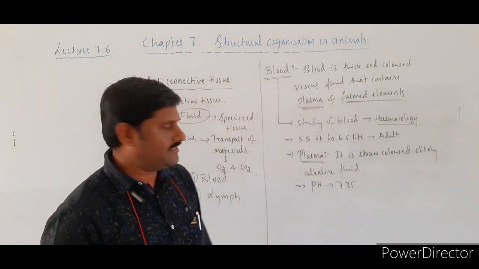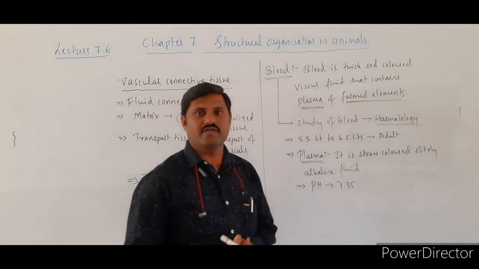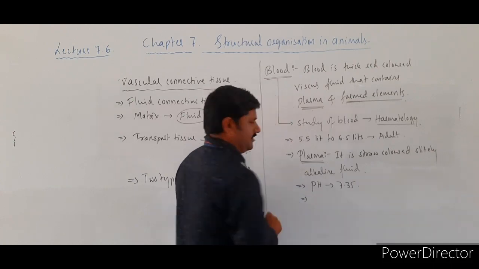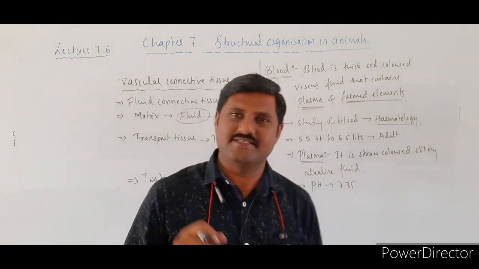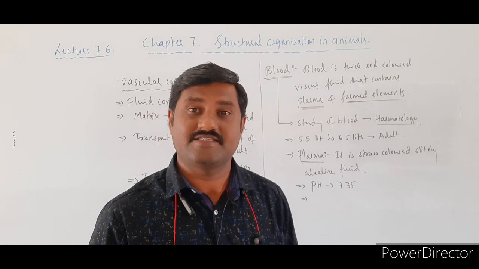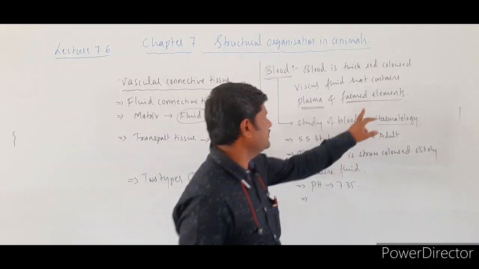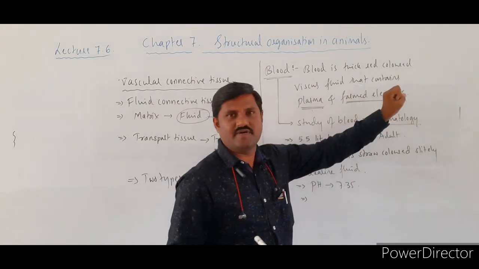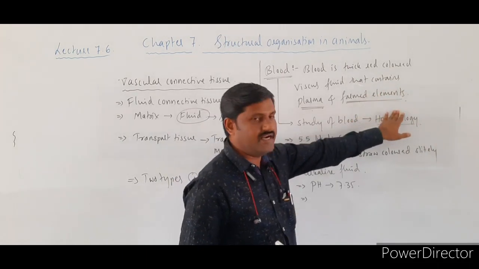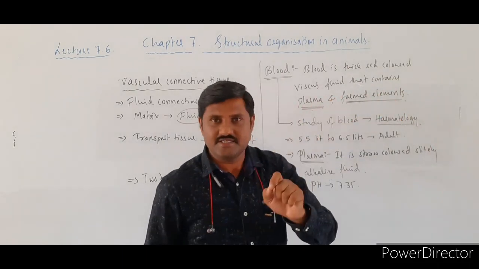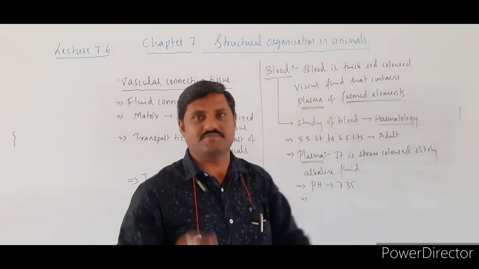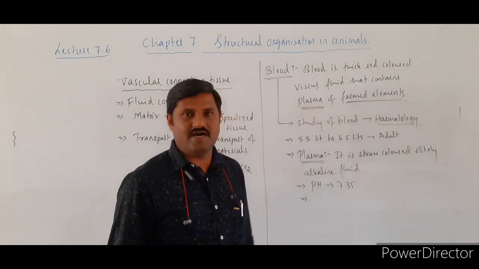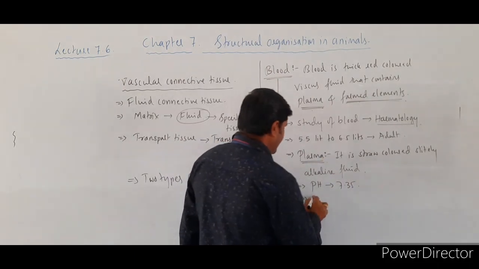What does this plasma consist of, except the formed elements? These formed elements are nothing but blood cells. Except these blood cells, what is the importance of this plasma in the blood is a very important point, right. So plasma mainly consists of water.